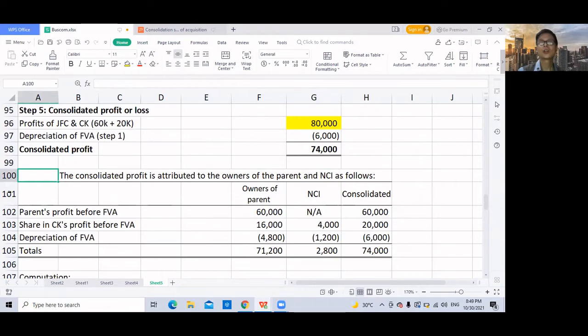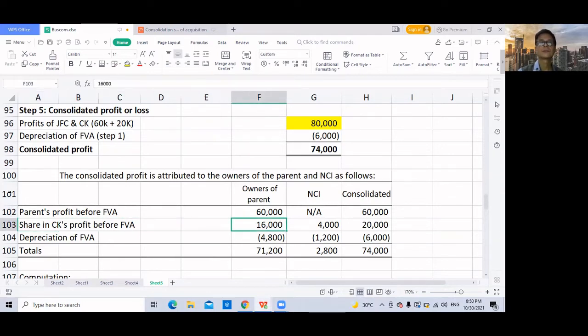For the parent, the parent share in the profit before FBA is 60,000. Of course, NCI has none yet, so it's still 60,000. And then the share in the subsidiary's profit before FBA is 16,000.